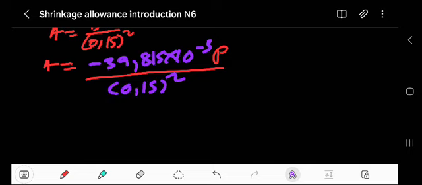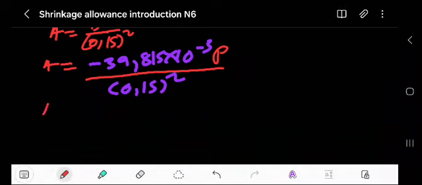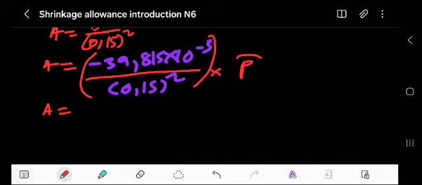If you punch that, you'll get your a. This is the same as, do not be confused by that, again multiplying by p. You can punch this on your calculator, then multiply what you have by p.